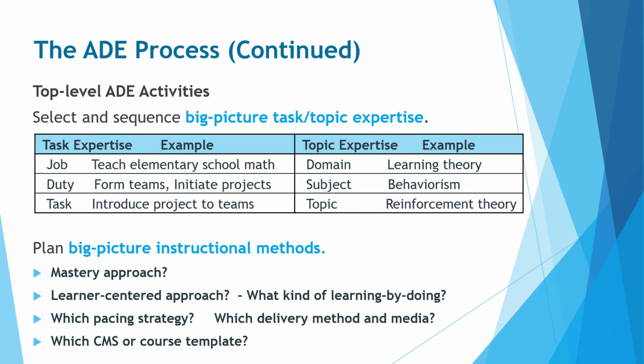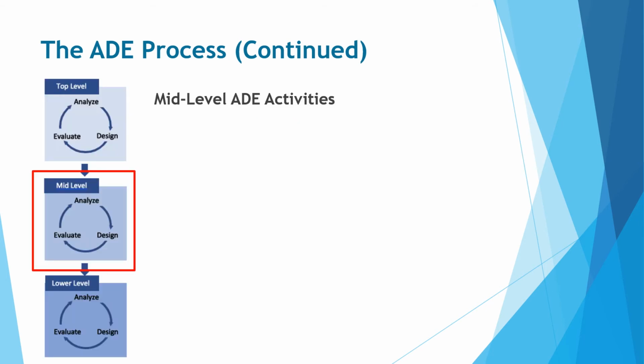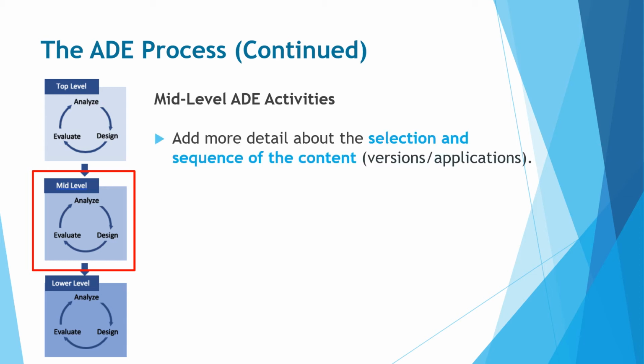improves its effectiveness. The mid-level ADE activities provide the next level of clarity about the vision for each task or topic. They begin with a more detailed selection of content and its sequence. This is done differently for task and topic expertise, so our guidance is tailored to each.